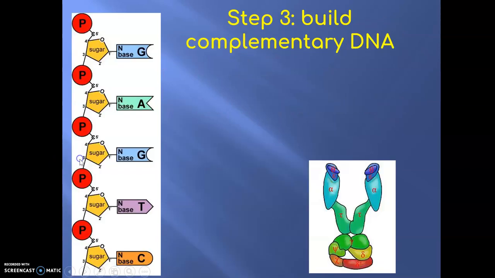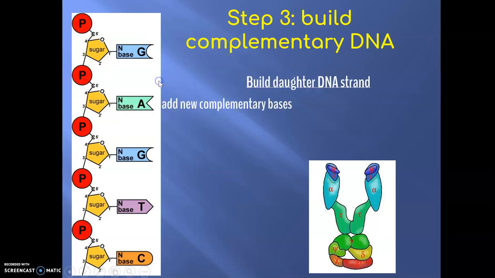So step three, we have to actually build our complementary DNA. Let's say that this is our template strand. We have to build the complementary DNA to it. You build the daughter DNA strand by adding the complementary bases that match.